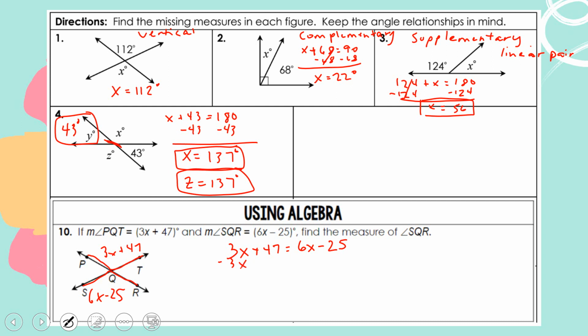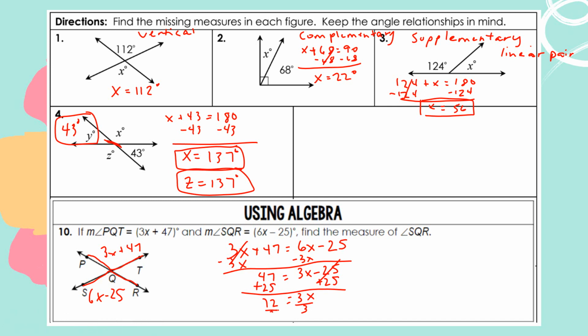So 3x, I'm going to move over here. I'm going to get 47 equals 3x minus 25. I'm going to add 25 to both sides. And this is going to give me 72 equals 3x. I'm going to divide by 3. And 72 divided by 3, that's 24.